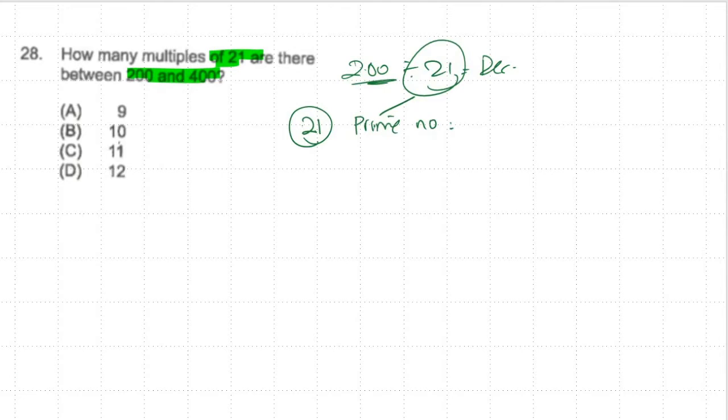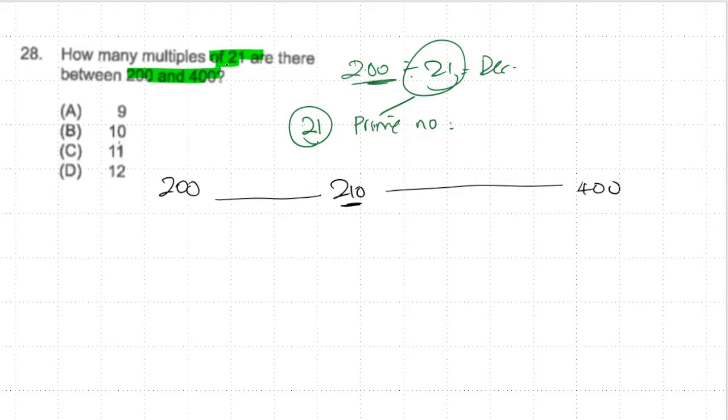When you know that it's a prime number, it can only be divided by itself and by 1. So from 200, you notice that when you add 1, add only until 210, okay, to 400 here. From the start of this number, you can start dividing by 21.